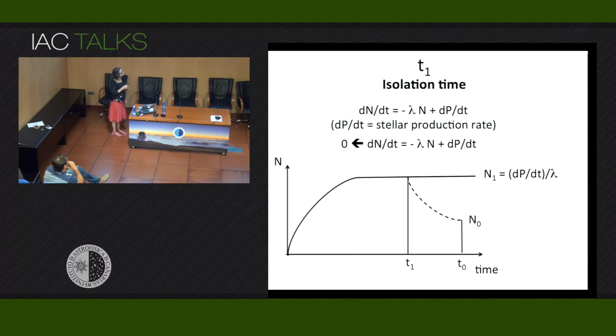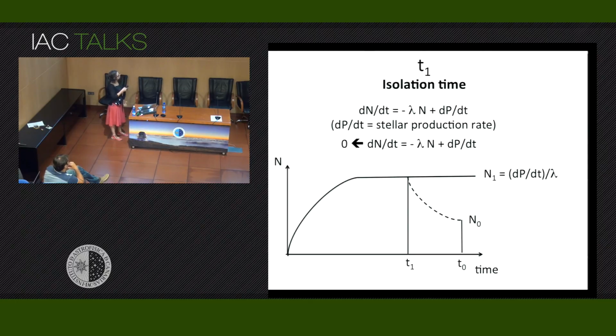So we have a stellar production rate here, because stars produce all the elements, all the nuclei, so of course they produce some of these nuclei as well. This is a nice equation, because the more of these you produce, and the more you decay them, there is a point where the change goes to a steady state, dN over dt goes to 0, and so we can derive N1 at this steady state to be simply the production rate divided by lambda.